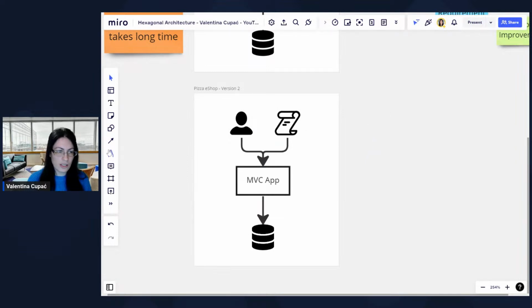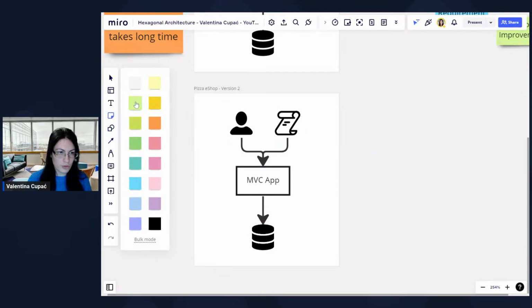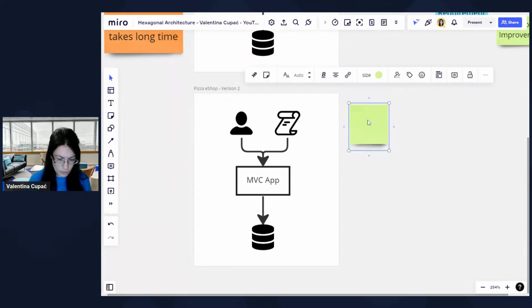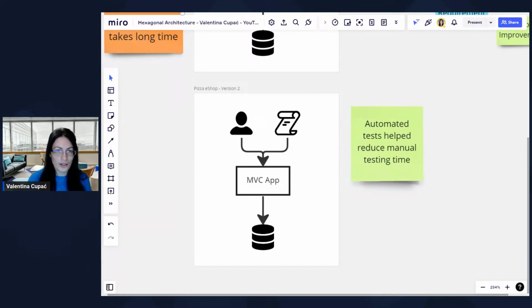Okay, so let's see what we've improved upon here. The automated tests help reduce manual testing time. Okay, great. So let's see what happens next.